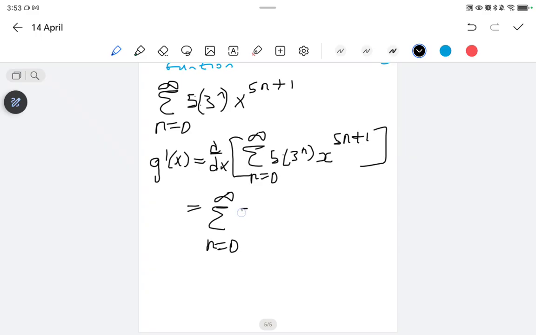So notice that this will be 5. I drop this. If I use power, these are constants, right? So I'm going to keep them. I drop 5n plus 1. Then I keep this 3 to the n, and I subtract 1 on that x. It's 5 to the n. Do you agree?